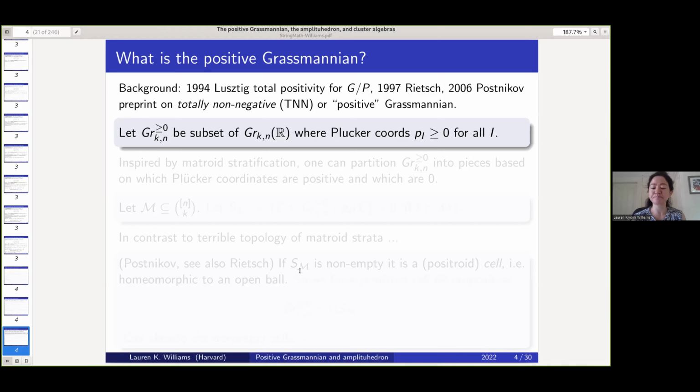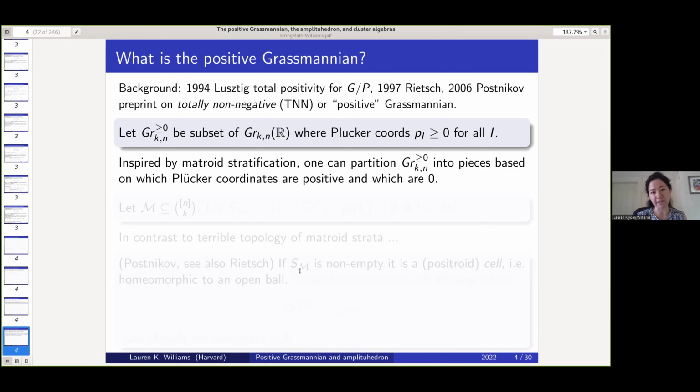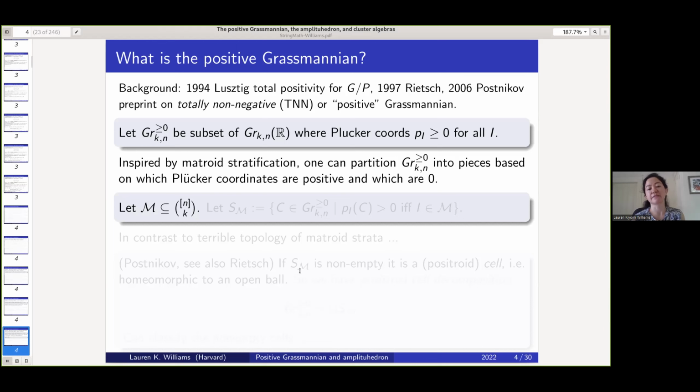Now, inspired by this matroid stratification, you could again partition the positive Grassmannian into pieces based on which Plücker coordinates are strictly positive and which are 0. Again, if M is a collection of k-element subsets of 1 through n, we let S_M be the subset now of the positive Grassmannian where your Plücker coordinate P_I is strictly 0 if and only if I comes from your collection.